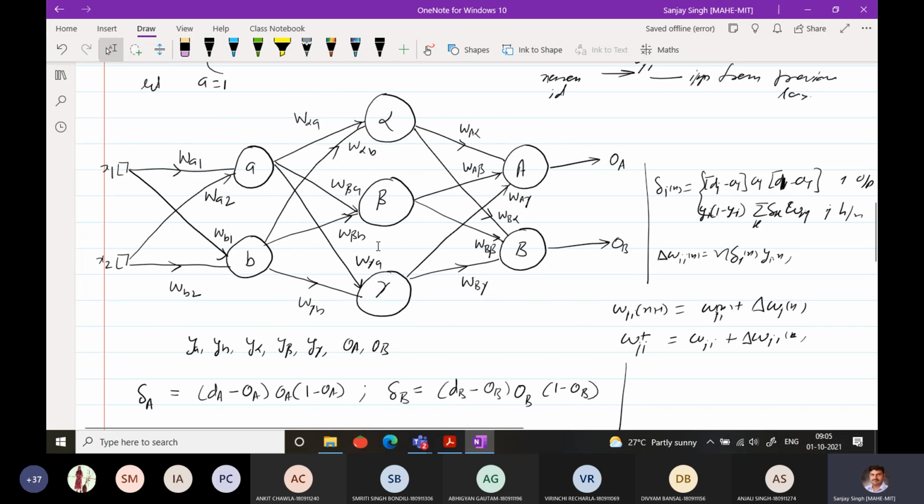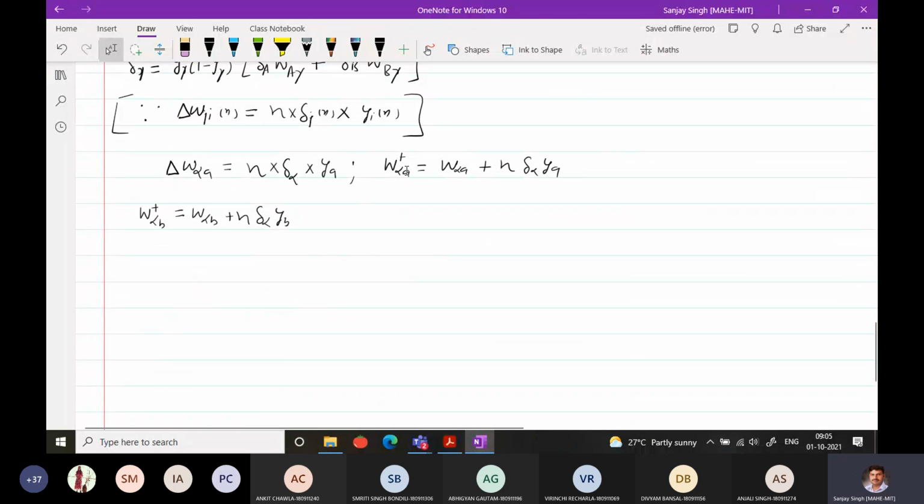Now let's talk about the next ones also. Once you have done this, we need to find W plus for neuron beta. Beta is getting input from A, which is nothing but W beta A plus eta times delta beta, because you are talking about neuron beta, and it is getting input from A. So Ya, that's all.